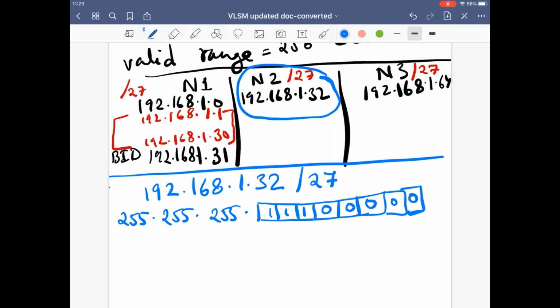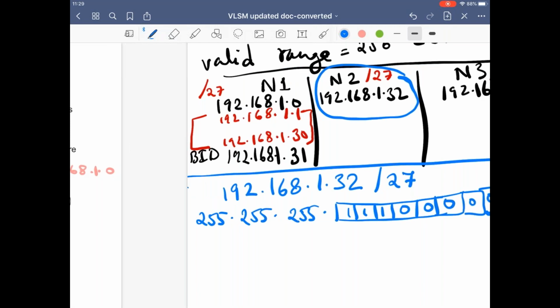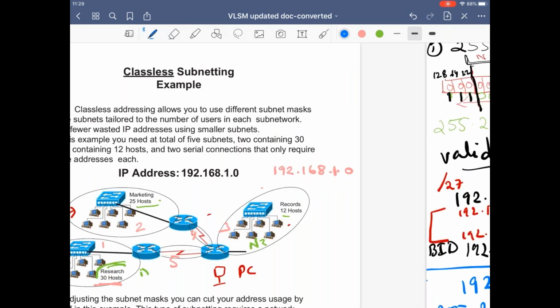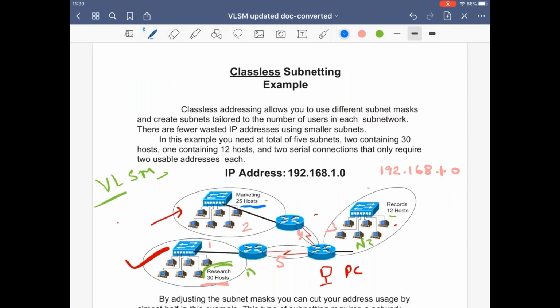And my requirement is that I need 25 hosts. Correct?